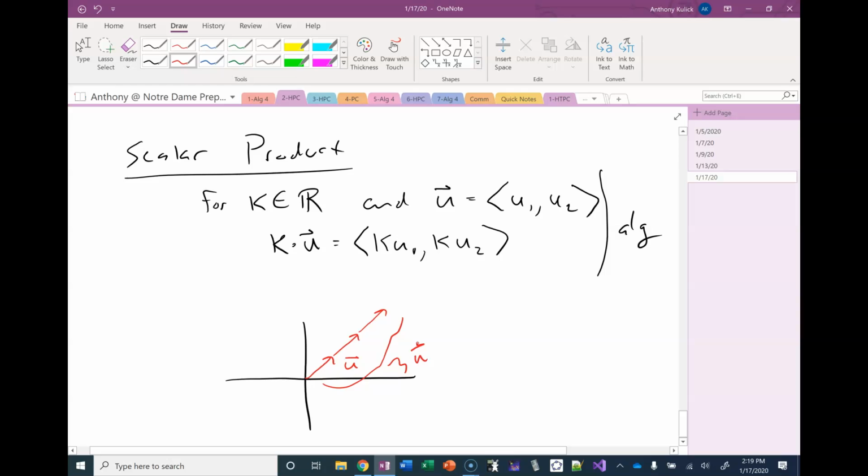We're just kind of doing it as you would imagine vector addition. So like U plus U plus U is 3U.